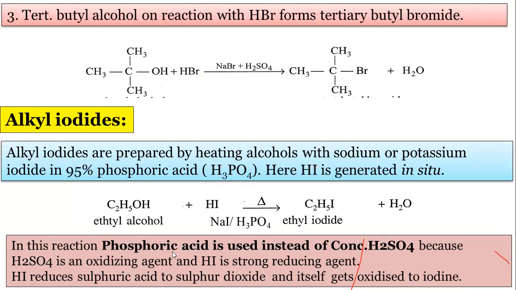So if H2SO4 is used, what will happen? HI will reduce the sulfuric acid to sulfur dioxide and itself get oxidized to iodine. Due to this reason, H2SO4 is not used, H3PO4 is used. Remember this.